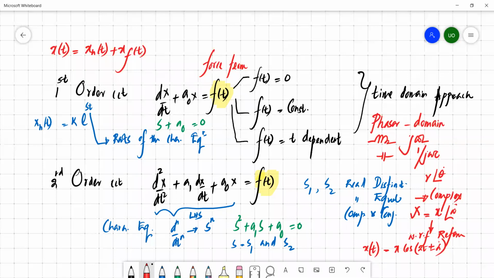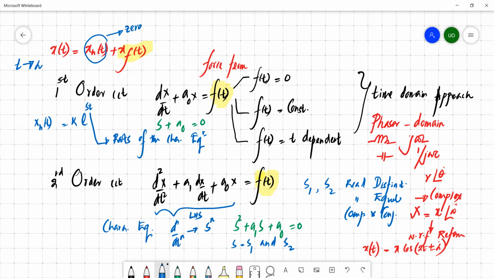So this is the second method of evaluating the steady state response, where steady state response means the forced response. We initially found that when t goes to infinity, the natural response converges to 0.